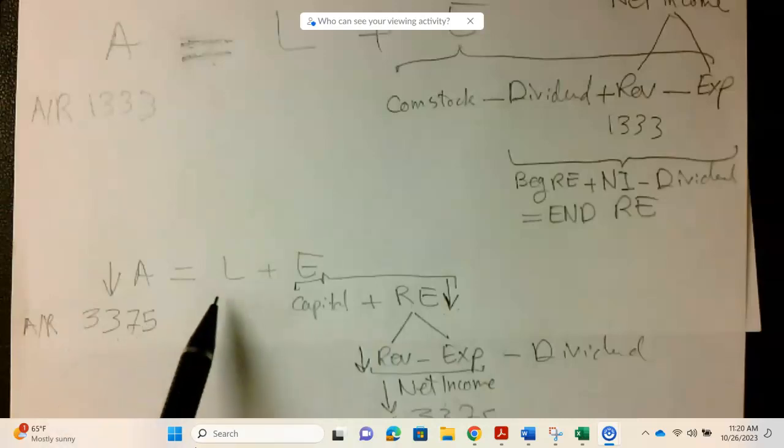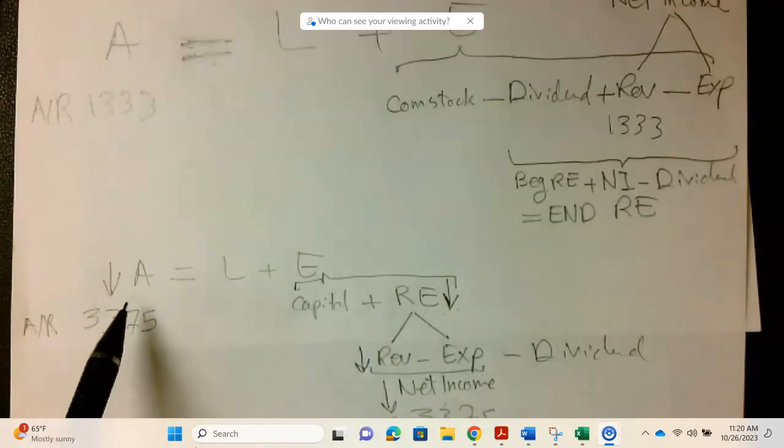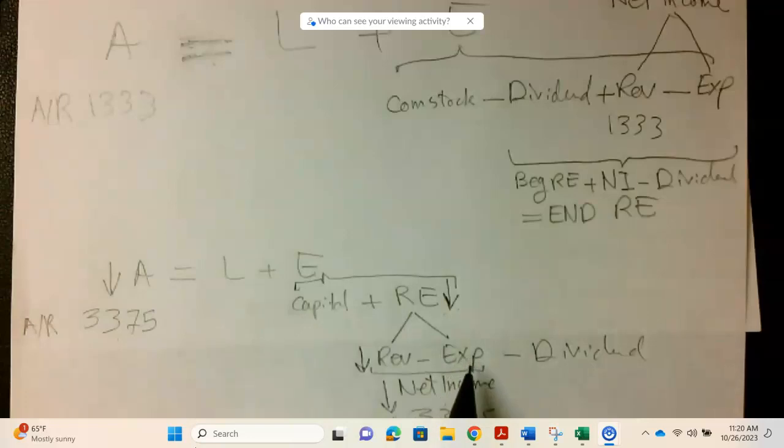Sometimes liability will be understated. Sometimes asset will be understated. Sometimes net income will be understated. Sometimes expense will be overstated. If expense is overstated, then your net income is understated. If your revenue is understated, then your net income is understated.